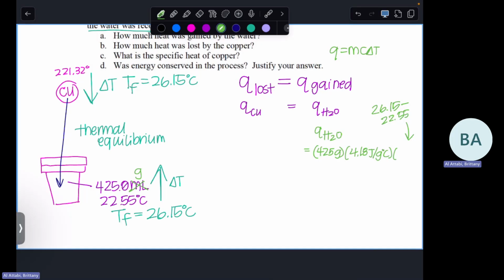So the change is 3.6. My water increases in temperature by 3.6 degrees. You see why I didn't boil it? It hardly changed the temperature at all.